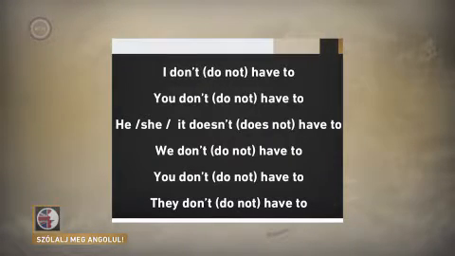You don't, do not, have to. They don't, do not, have to. Okay, so it's not very complicated, is it? No. We just have to remember to conjugate the verb correctly and then follow it with have to and an infinitive without to. Simple. Okay, so that's the form we have to use.